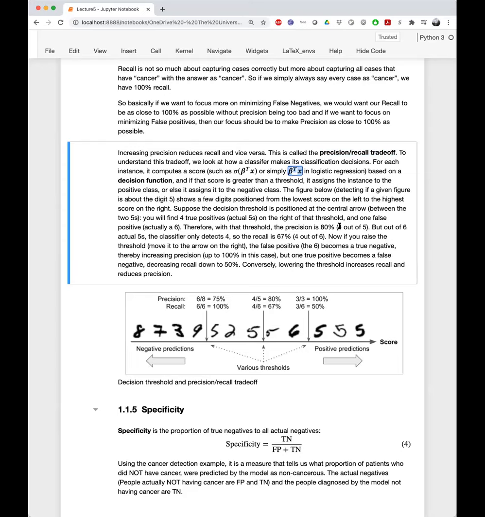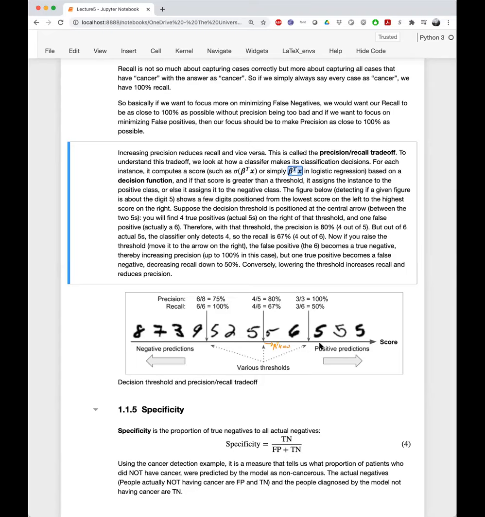If we set the decision boundary to be beta transpose x equal to 0, then if it's greater than 0, we classify the number as 5. If beta transpose x is less than 0, we classify it as non-5. But we can look at different thresholds. Suppose this point corresponds to beta transpose x equal to 0. That's the regular threshold we use.